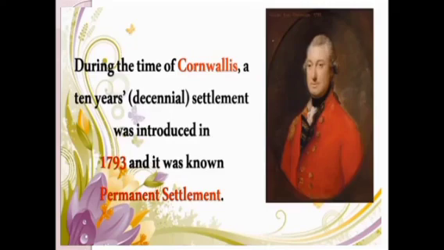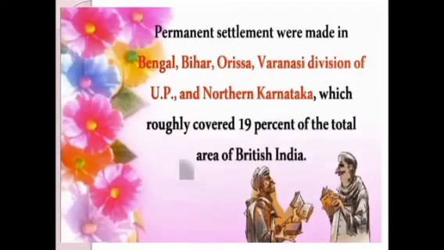It was introduced in 1793 and it was known as permanent settlement. Then permanent settlement was made in Bengal, Bihar, Orissa, Varanasi division of Uttar Pradesh and northern Karnataka, which roughly covered 19% of the total area of British India.